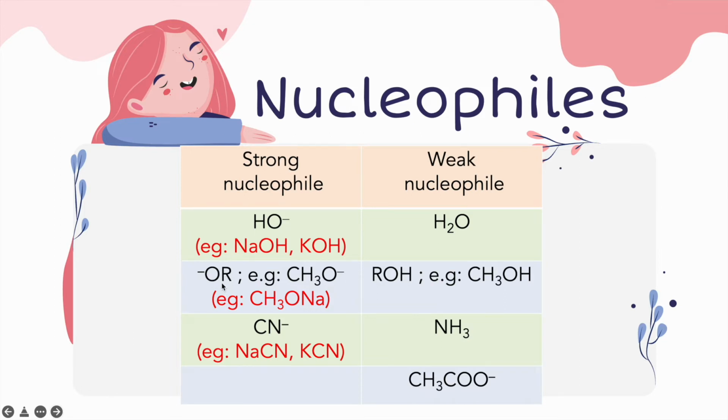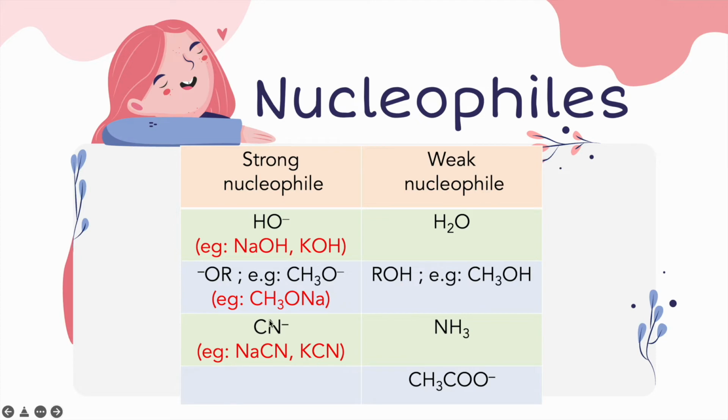There's no hydrogen. And the difference between these two is that this OH negative is from NaOH or KOH, not from the R group. But for this one, this is not OH negative. This is the whole thing, CH3OH. The whole thing here is a weak nucleophile. The R group attached to OH, the whole thing is a weak nucleophile.